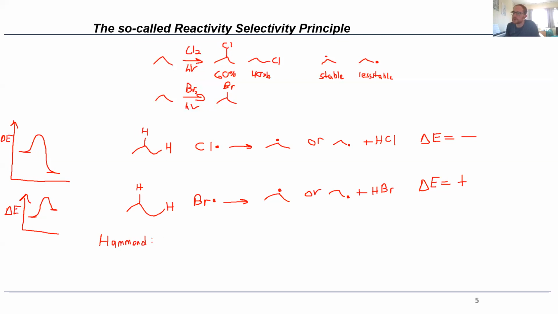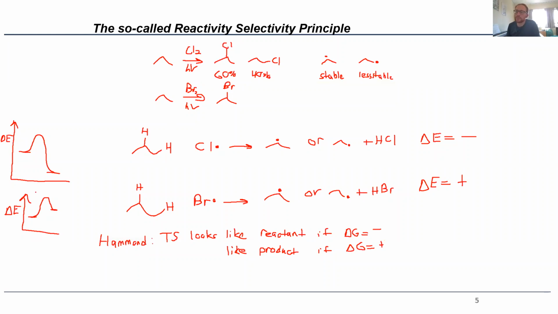So this is the Hammond postulate, which I can summarize as saying, the transition state of a reaction looks like the reactant if exergonic, and like product if delta G is positive. And so what does that really mean?